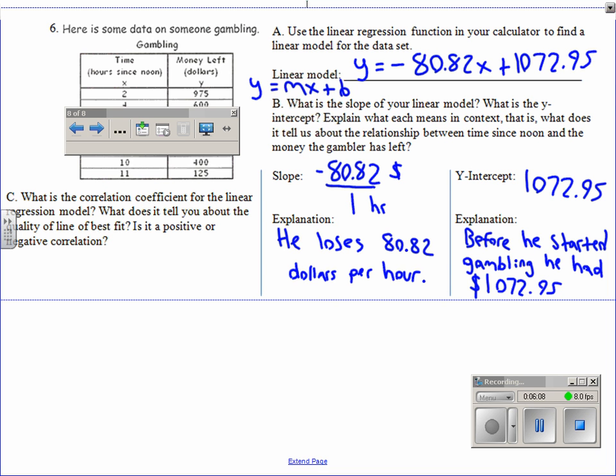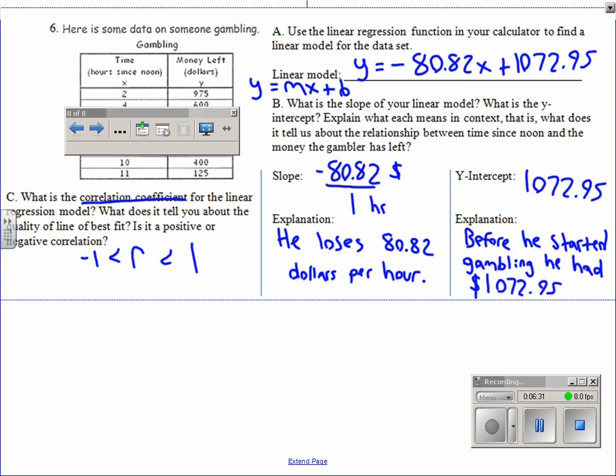Not a good idea. Now part C asks, what is the correlation coefficient for the linear regression model? Remember, the correlation coefficient tells us how good of a fit the line of best fit is, or the regression equation is. How good does it fit the data? So it's always going to be an R value that's between -1 and 1. The closer it is to 1 or -1, the better the fit is.